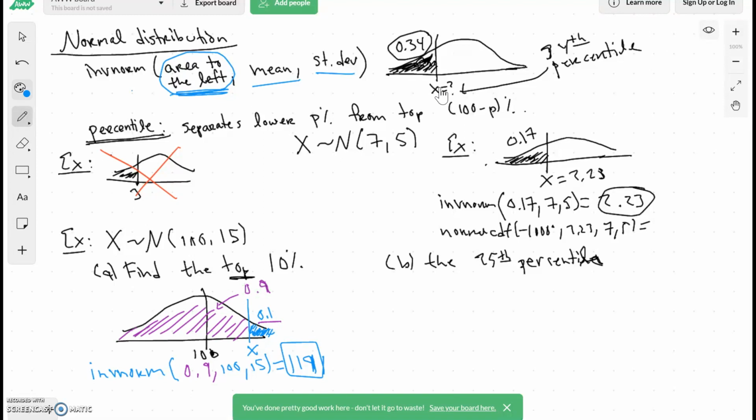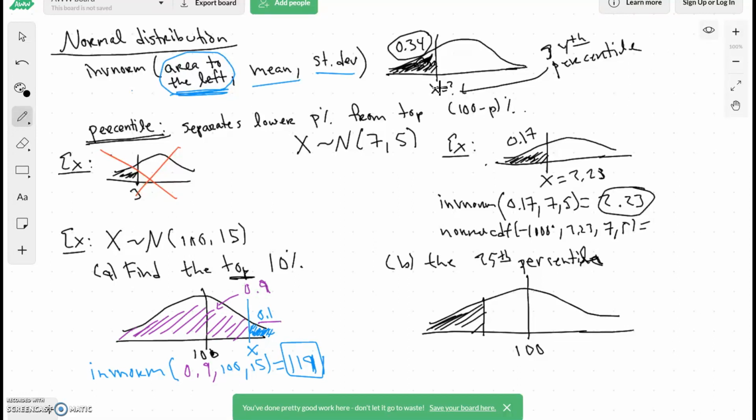Now what about this last problem? It says, tell me the 25th percentile. The mean is still the same, it's still 100. Now remember, 25% is going to be right below it, because right here is 50%, so right below it should be 25%.